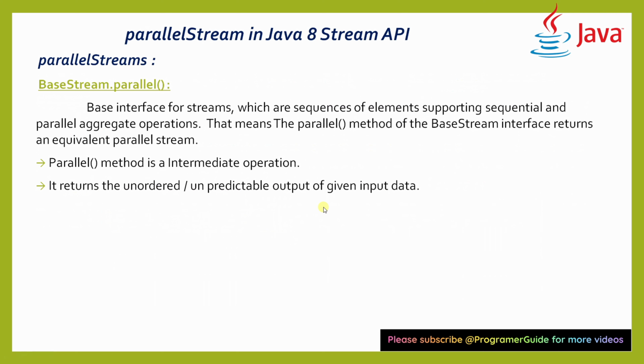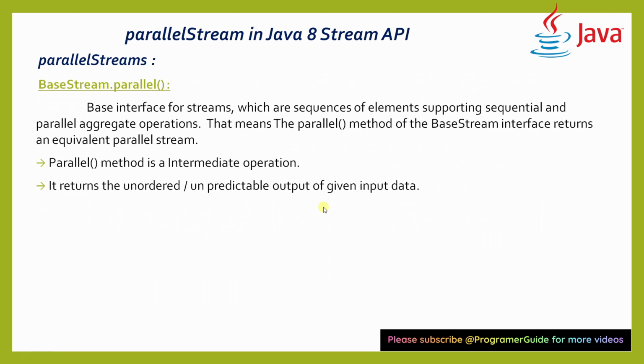How it works: BaseStream is the base interface of the streams, which are sequences of elements supporting sequential and parallel aggregate operations. That means the parallel method of the BaseStream interface returns an equivalent stream, but the order is not maintained, and each set of data is divided across the multiple cores of the system.